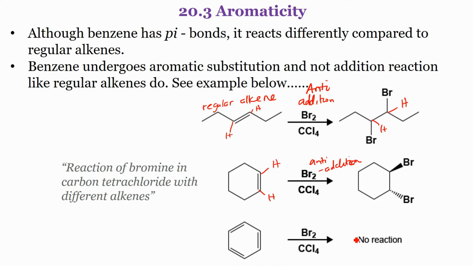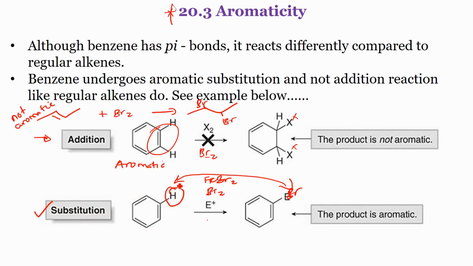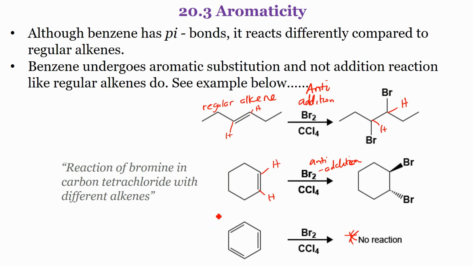Bromine with the same reaction, no reaction. Of course, I told you if bromine has to react, you have to add a metal catalyst like iron tribromide. It won't react. No catalyst, it's not gonna react. Obviously, again, it's because benzene is aromatic.